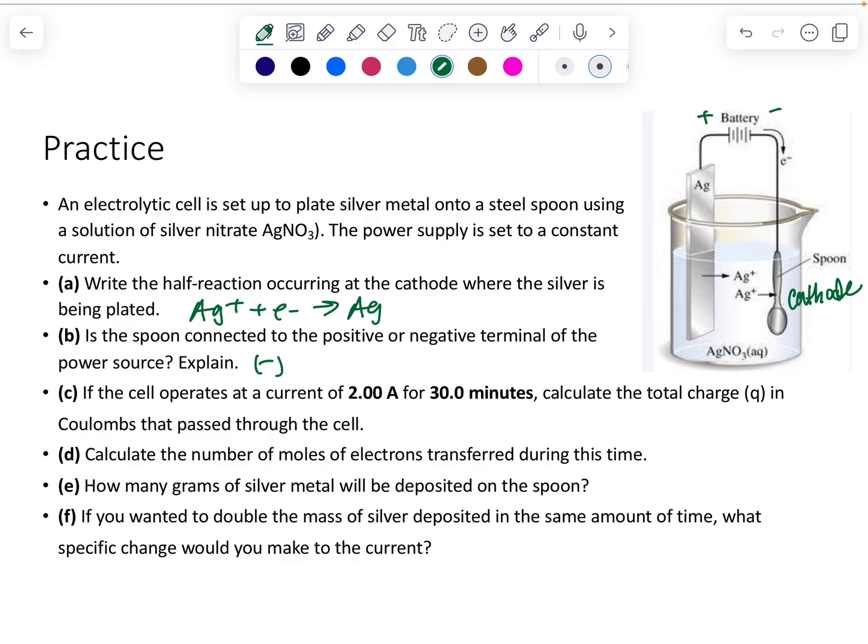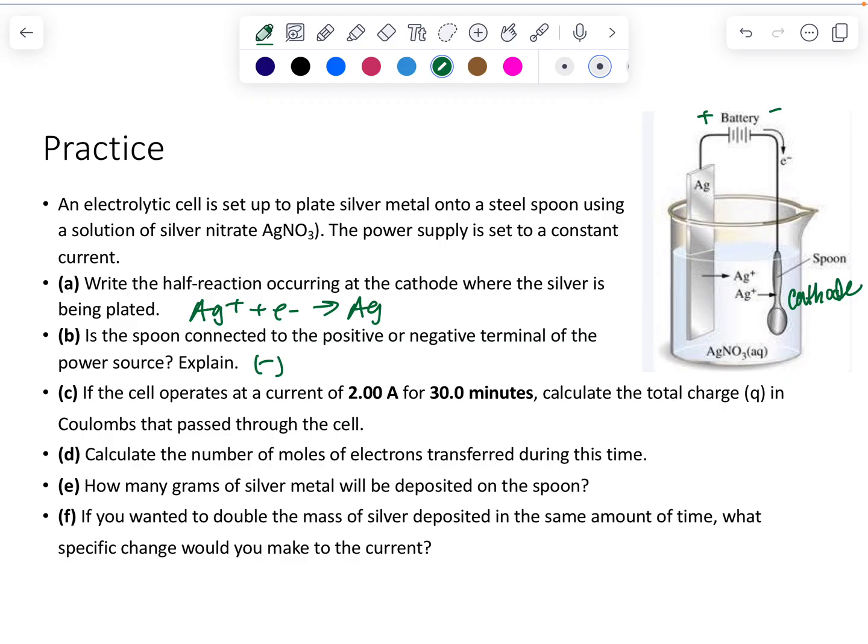If the cell operates at a current of 2 amps for 30 minutes, calculate the total charge in Q, or in coulombs, that pass through the cell. So our equation is I equals Q over T. So I is amps, Q is coulombs, T is time in seconds. So they gave us minutes. Do you know how many seconds is 30 minutes?